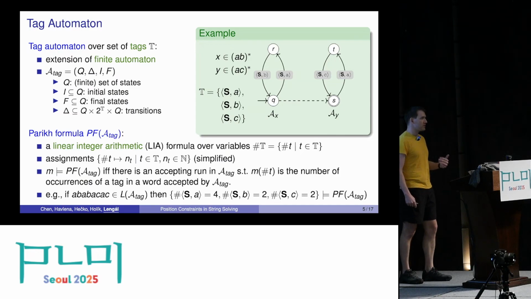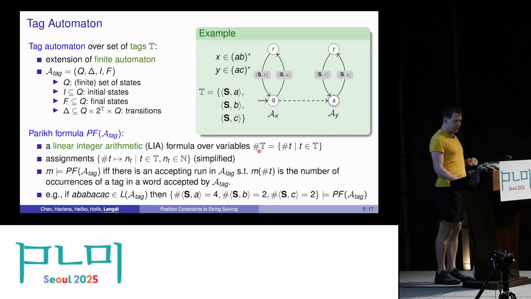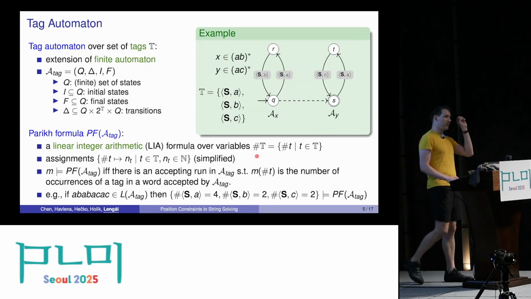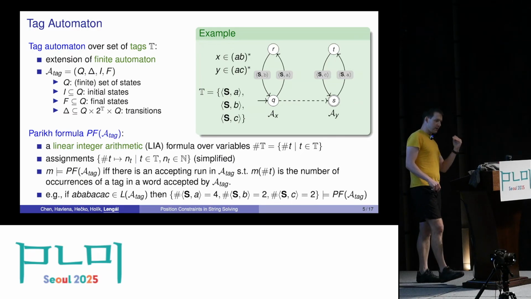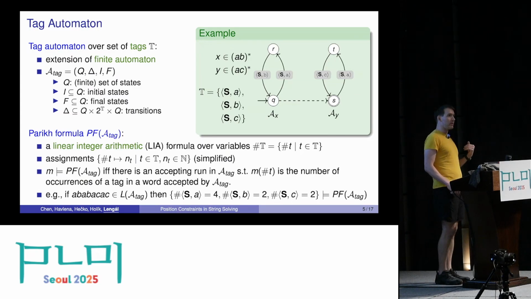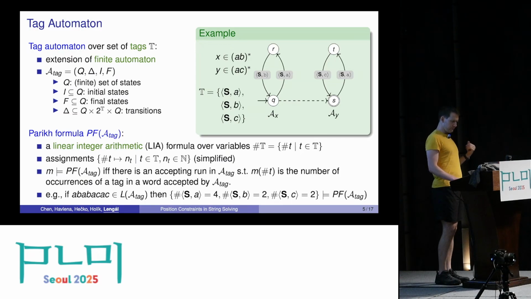So as I said previously, we will construct a linear integer arithmetic formula over variables which are taken from the set of tags. For every tag in the set of tags, we get a new variable which will be encoding the number of occurrences of the tag in the accepting run of the tag automaton.